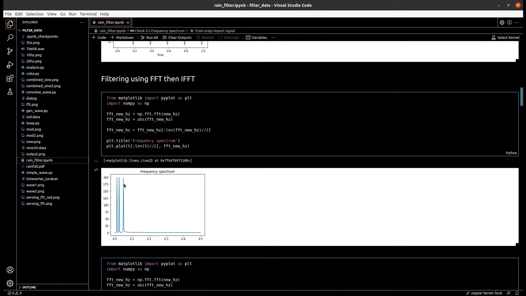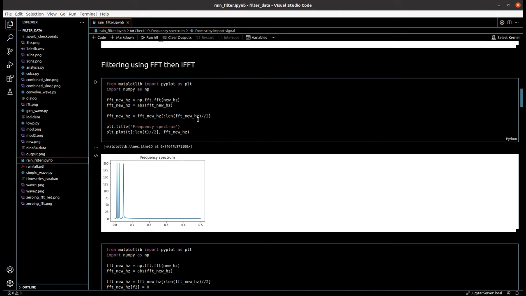This is 20 Hertz, this is 10 Hertz, and this must be 5 Hertz. The idea of filtering here is to get rid of all the frequencies of the wave that we don't need. In this example, what I need is just 5 Hertz.